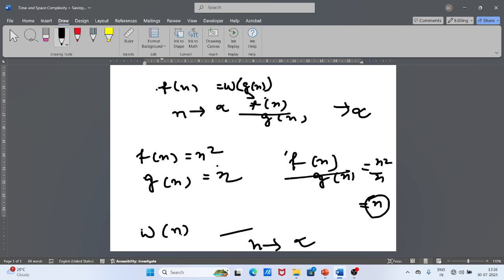So f(n) is equal to small o of g(n) means that f(n) is much smaller than g(n), and f(n) equal to omega of g(n) means f(n) is much bigger than g(n). We can say. Okay. Now you can take one example also for the visual representation.